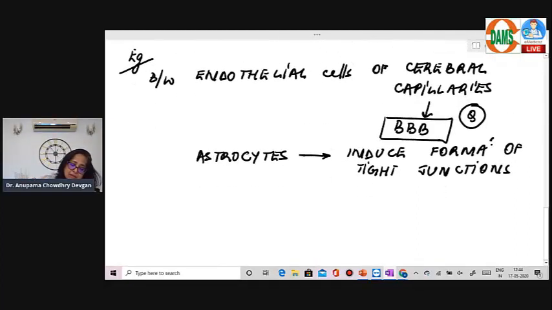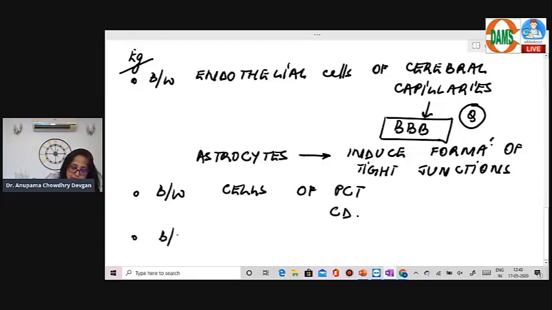Then you also find tight junctions between the cells of the PCT, cells of the collecting duct in the kidney, and between the intestinal epithelial cells.